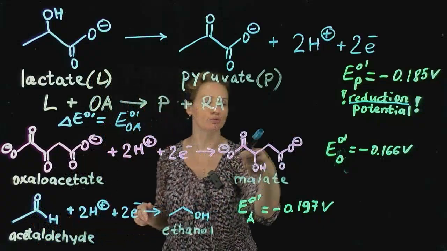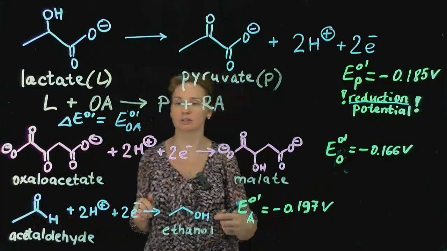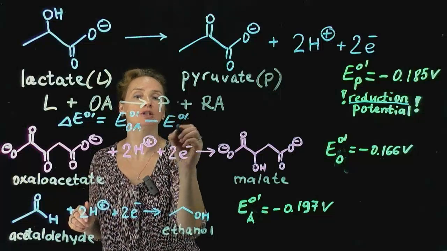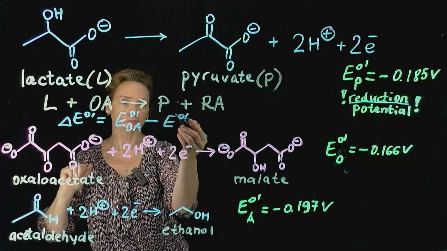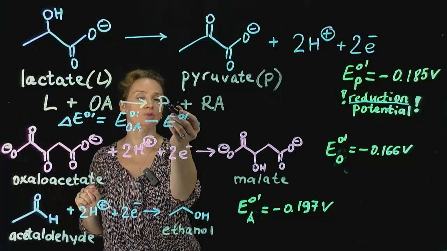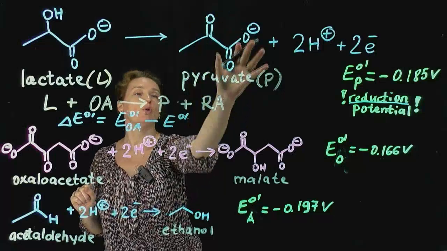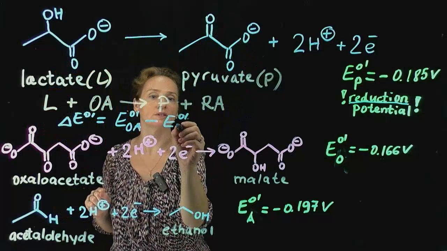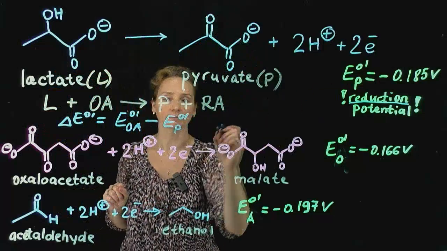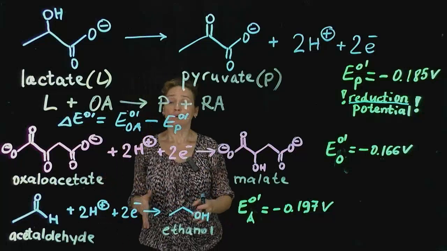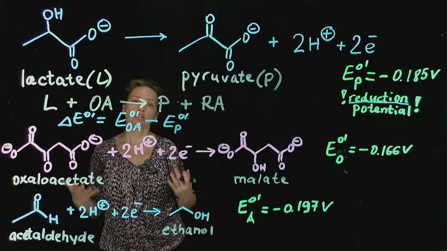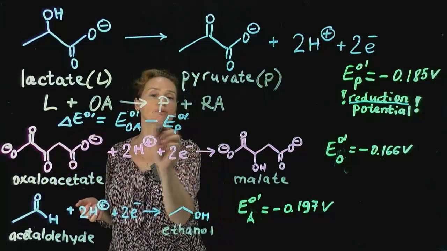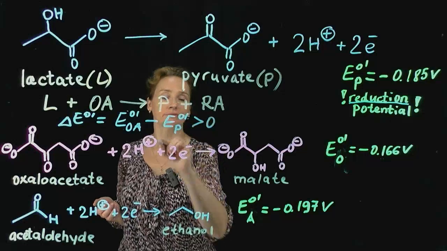and depending on which we choose, it will be either oxaloacetate or acetaldehyde, minus the reduction potential for the oxidized form of the compound that we are oxidizing. In this case, it will be for pyruvate, this one. And we know that for the oxidation reduction reaction to be thermodynamically favored, the change in the reduction potential should be positive.